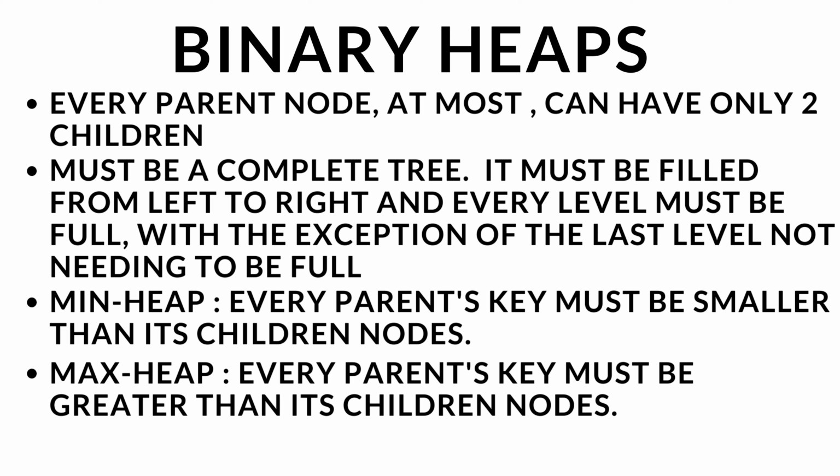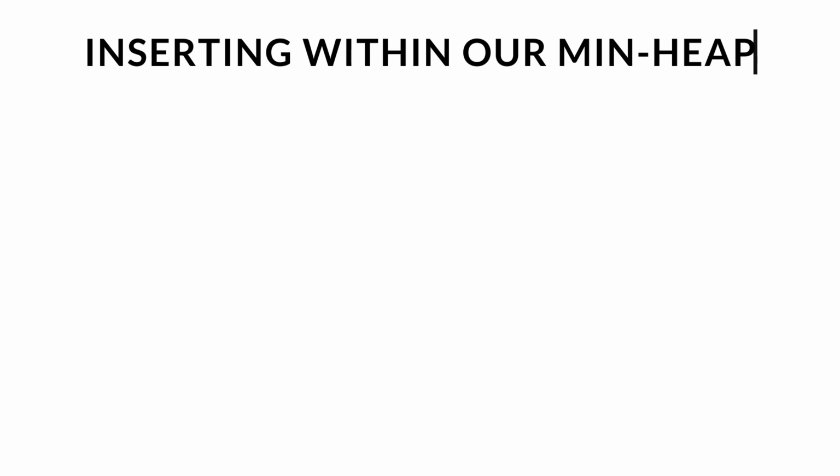Now that we know the properties of a heap, let's talk about inserting data within the min-heap. Let's say that I want to insert 10, for example. Since our heap is empty, 10 becomes the root node. Now let's insert 20. Remember, we always fill our heap from the leftmost position. So 20 becomes the left child of 10.